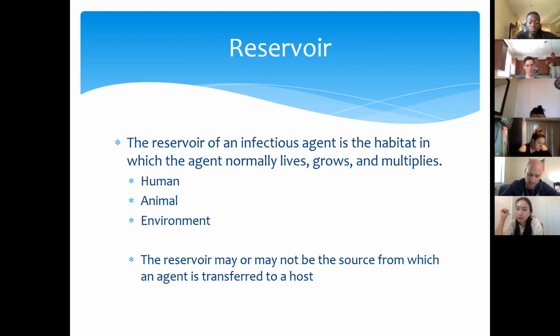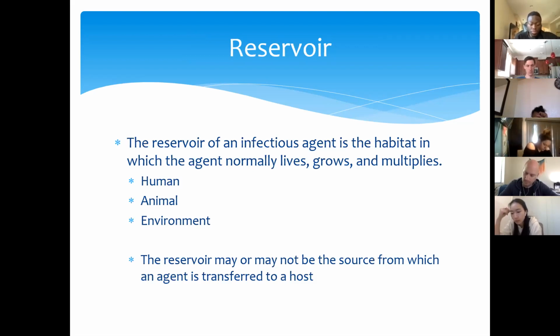It can be an animal. If an animal is infected with rabies, they can pass that to other animals and humans. Or it could be the environment: water, soil, the air, wherever that microorganism is going to thrive.